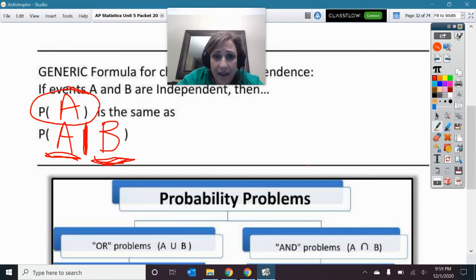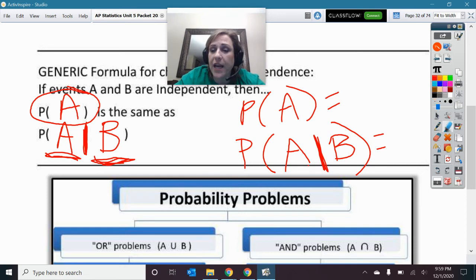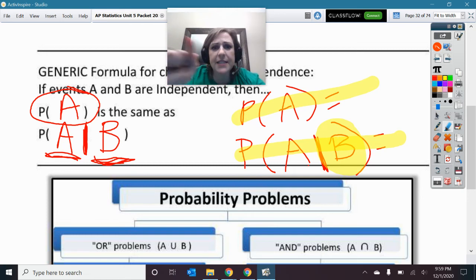We are seeing, and actually I like to say this second thing first, is the fact that B has happened changing the probability of A? So then what we know is if this equals this, then the fact that B has happened has not changed the rate, and they are then independent. That's it. That's the key.